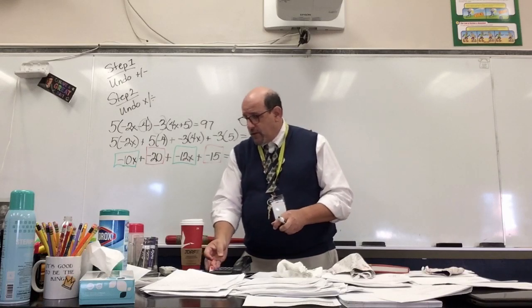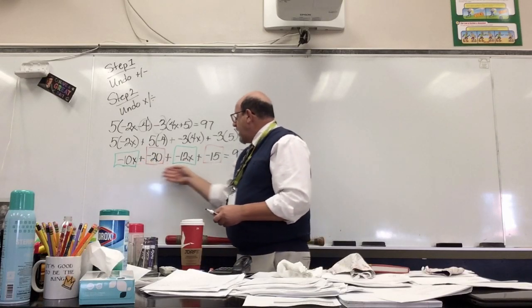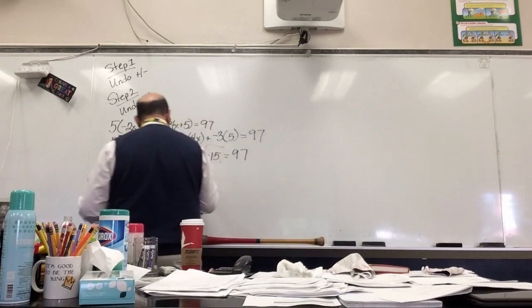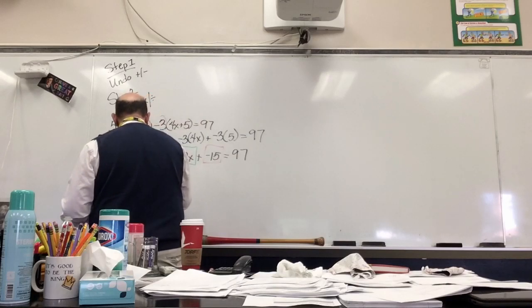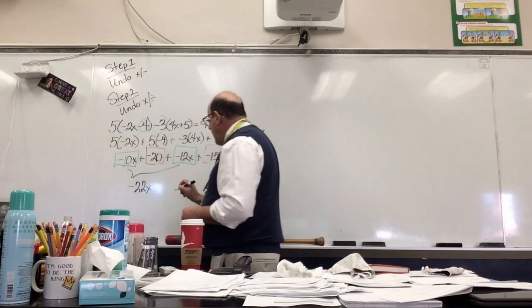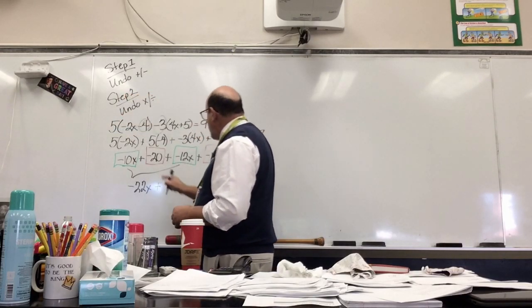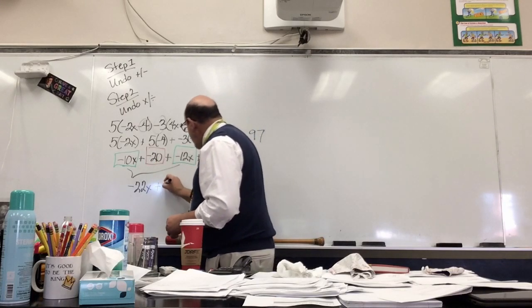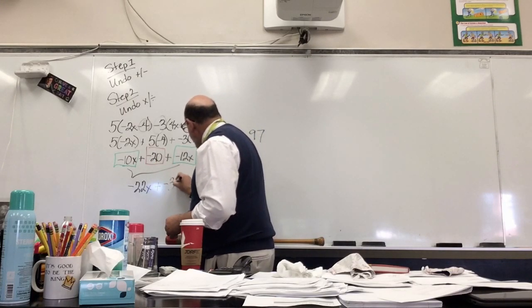Well, if I put my greens together, negative 10 and negative 12 are negative 22x, right? And we're going to add to it negative 20 and negative 15, which is negative 35.